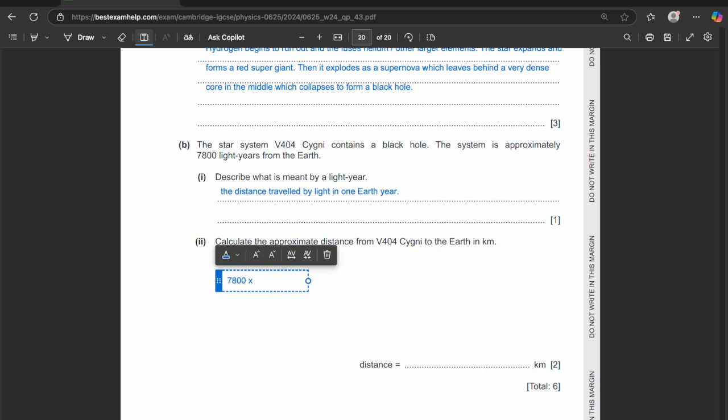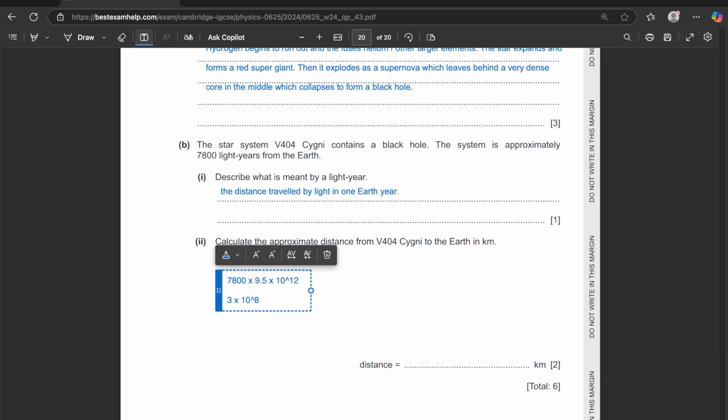If you remember 1 light year in meters, you can just plug that in, which is 9.5 × 10^15 meters, or maybe because it asks for kilometers, 9.5 × 10^12 kilometers. This is the distance of 1 light year. Or if you do not remember, then you have to take the longer way.